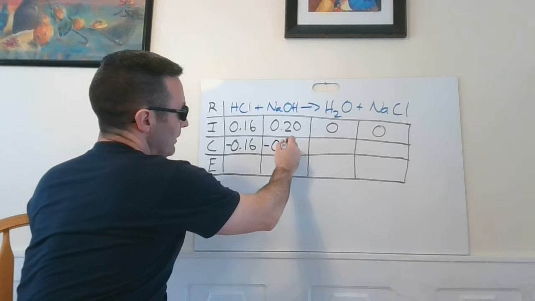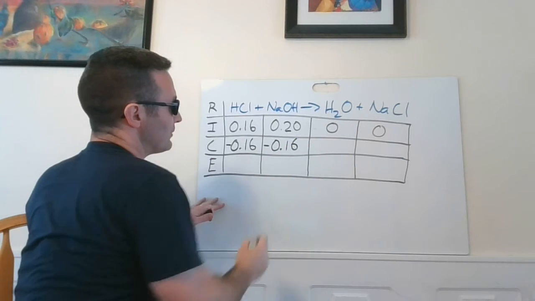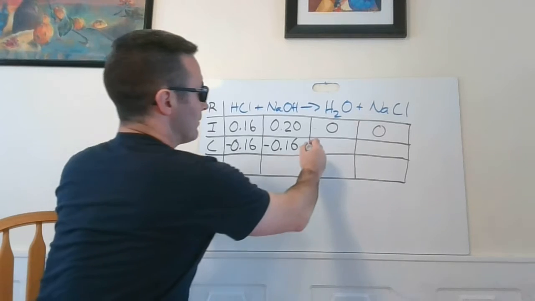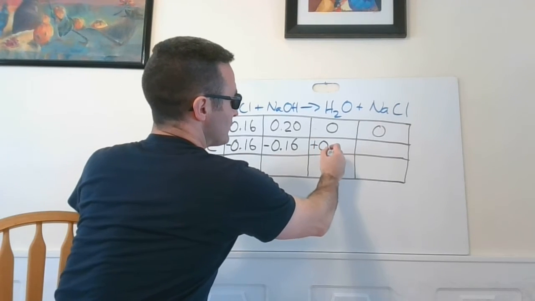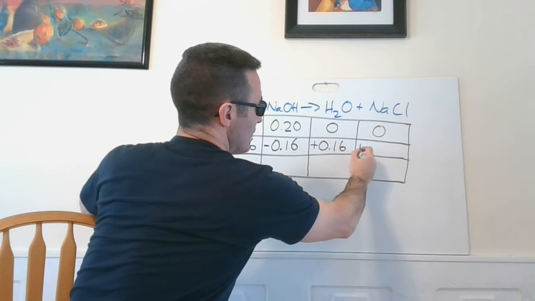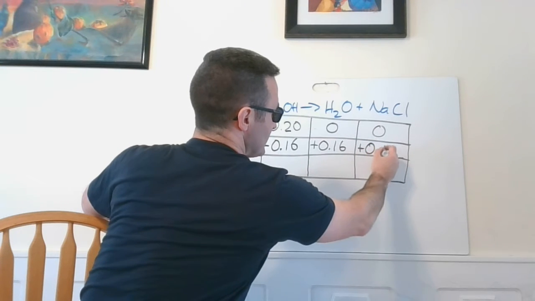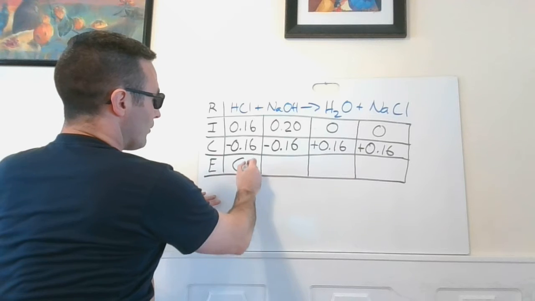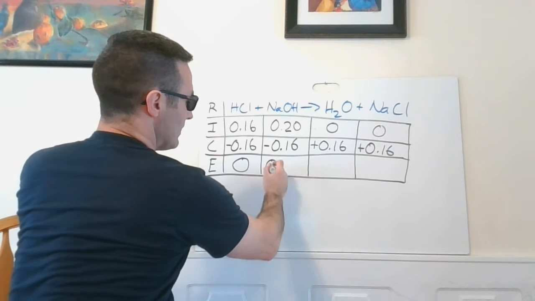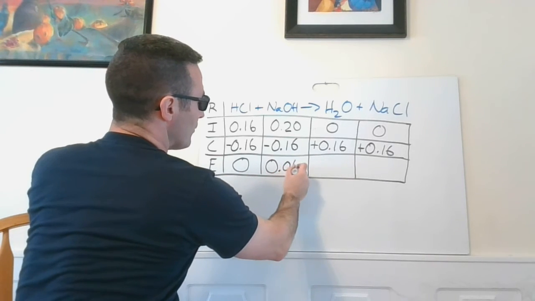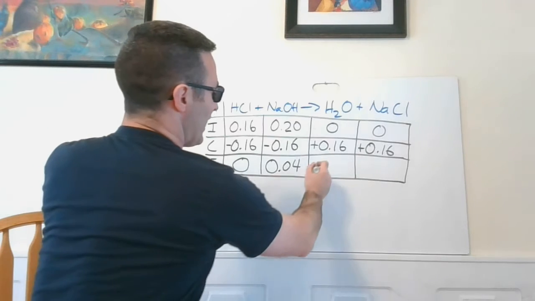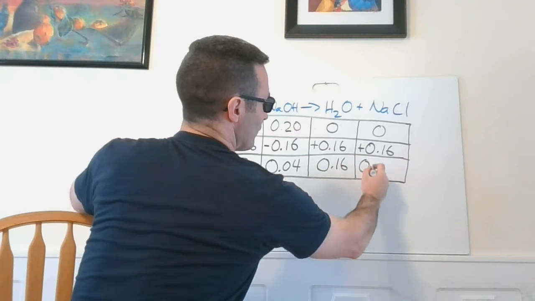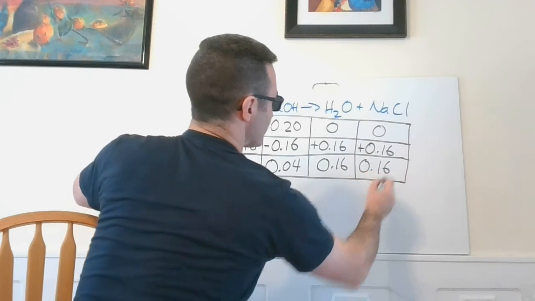I'm going to lose 0.16 moles of my sodium hydroxide, but you can see already I'm going to have a little bit left over. This is going to be a plus 0.16, and this is going to be a plus 0.16. So when everything is over, my hydrochloric acid is gone. I've got 0.04 moles of my sodium hydroxide left. I've got 0.16 and 0.16 left.